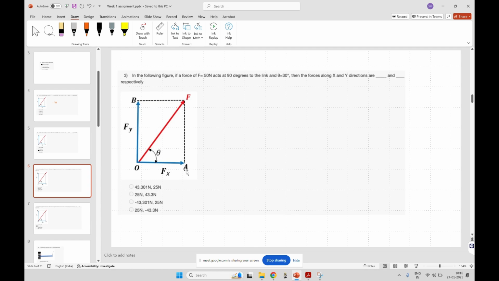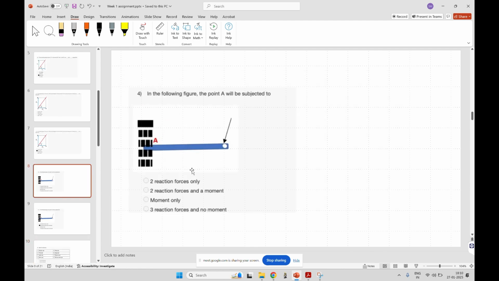Consider theta to be 30 degrees, and then we need to calculate the Fx and Fy components of the force, and similar to the previous problem, it would be, okay, it should be 43 and 25 minutes, sorry about that.